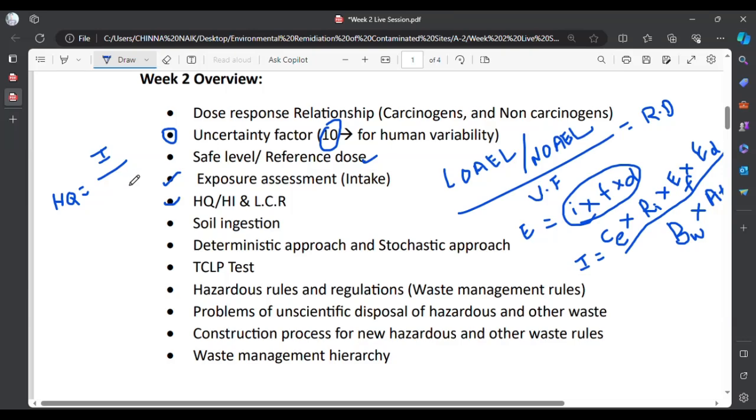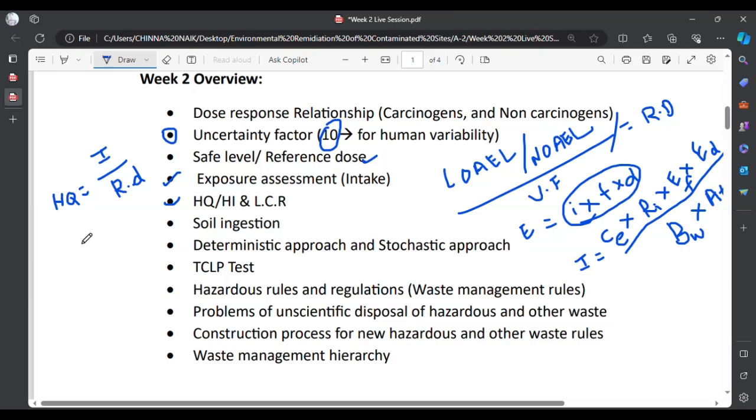So hazard coefficient is intake upon reference dose, and we discussed the reference dose is LOEL or NOEL upon uncertainty factor. Hazard coefficient we use for non-carcinogens.